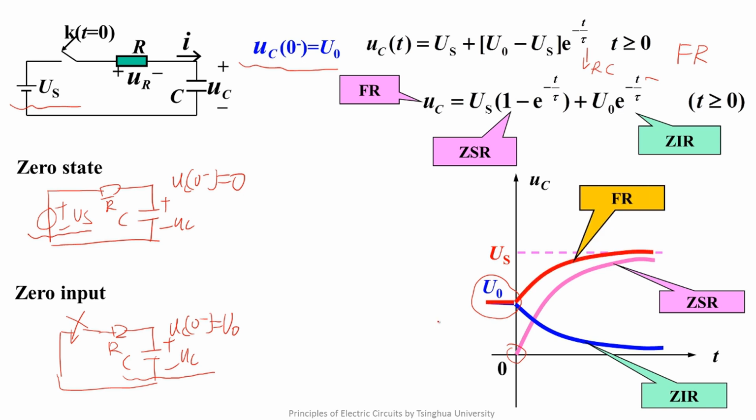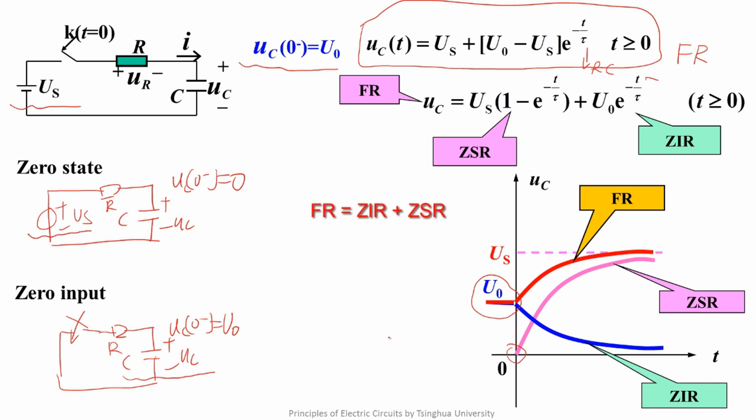Their sum is the full response. You see, in this way, the waveform of the full response is the same as the waveform of the solution from the three elements method. You must remember that the full response of a circuit is the sum of the zero-state response and the zero-input response.